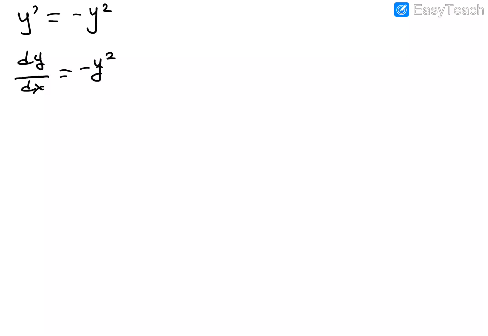So, like we said, our m1 was equal to dy/dx. So, we're looking for m2. So, m2 will be the negative reciprocal of our m1. So that'll just become a positive 1 over y squared. And like we said, m2 was also equal to dy/dx.